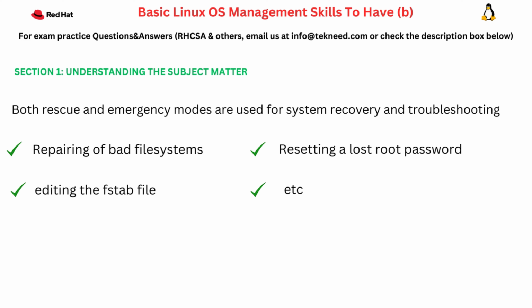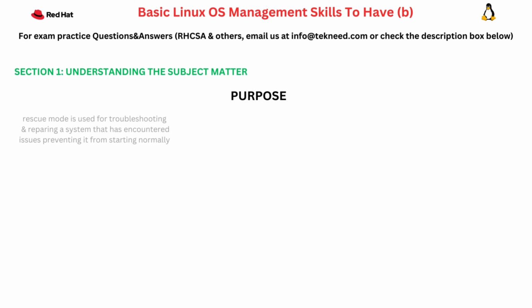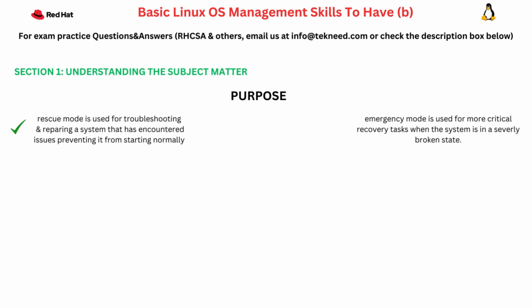So let's talk about the purpose. Rescue mode is used for troubleshooting and repairing a system that has encountered issues preventing it from starting normally. And emergency mode is used for more critical recovery tasks when the system is in a severely broken state.